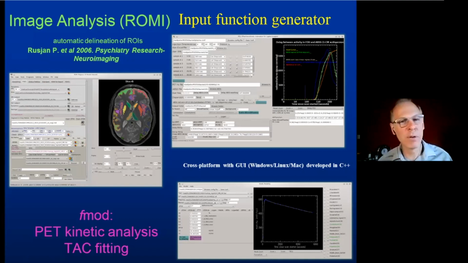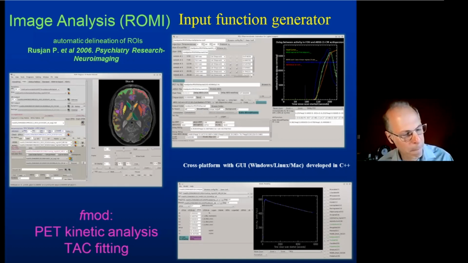But the answer is ambiguous because we have to define what a parametric map is. Sometimes an SUV ratio image is a parametric map. Sometimes a parametric map is an image in which each voxel contains a total distribution volume or a binding potential.